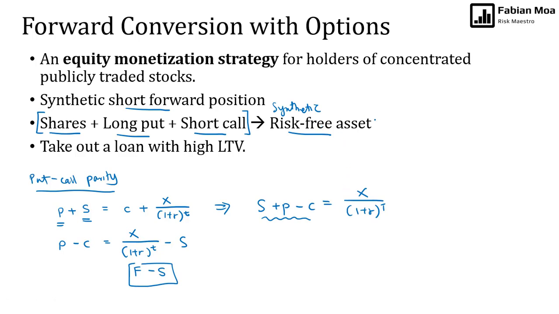And since it's a risk-free asset, we will be able to take out a loan from the bank. When you show the bank that you have this position, the bank will know that the value of this position will be very stable.